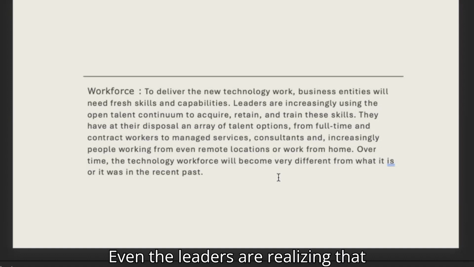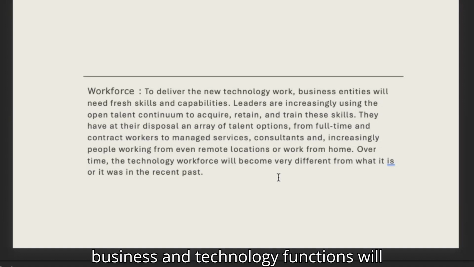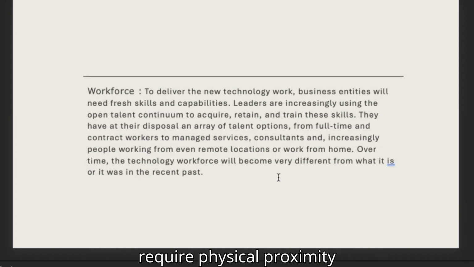Even the leaders are realizing that co-creation between business and technology functions will require physical proximity and workspaces conducive to collaboration and innovation. So, workplace design now becomes a significant contribution for the workforce and the work.